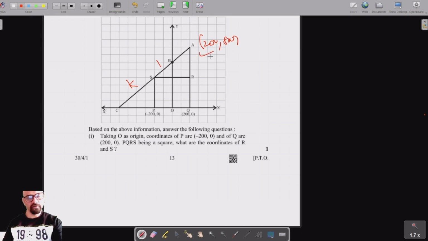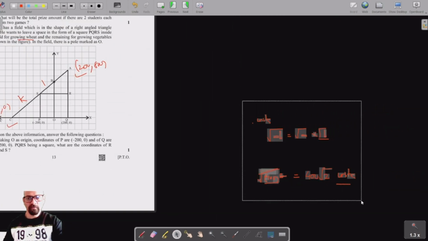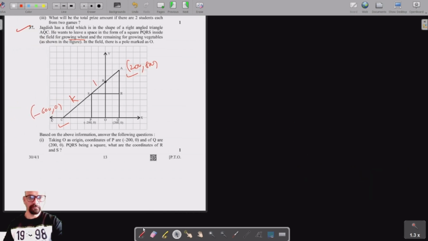Now we have got the coordinates of A, and the coordinates of C would be, as per the scale that's used on the graph, minus 600 comma 0.